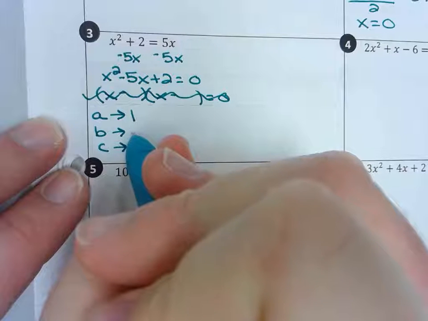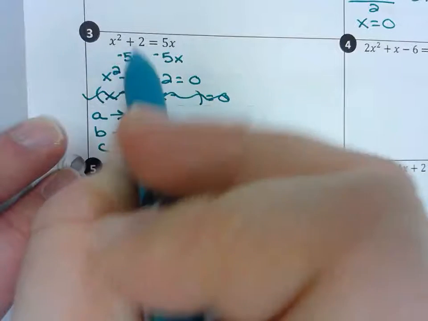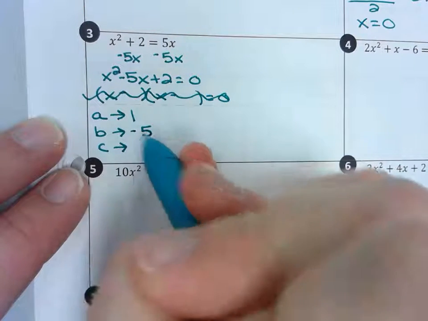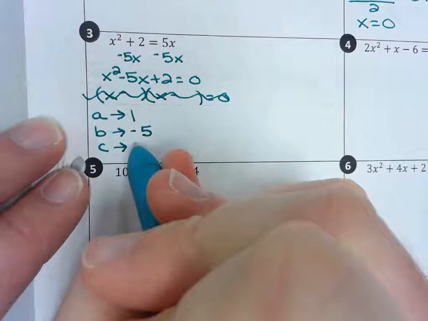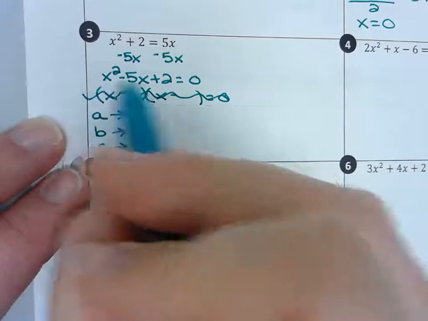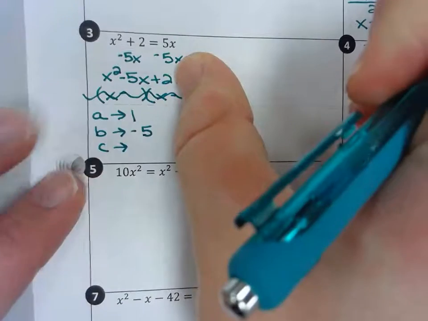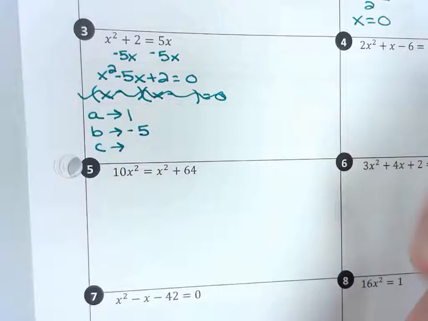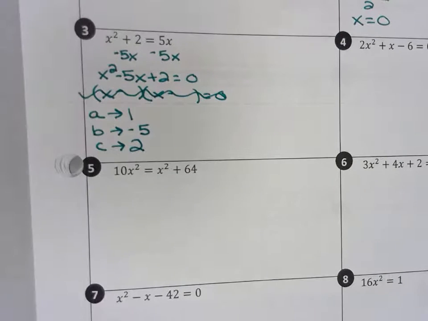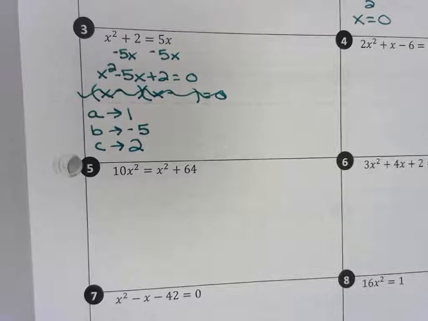B value. So b is in front of x. And my c value is what, Lane? 0. Nope, we ignore the equals 0. The c value is the constant, so it's the 2. So go through and find a, b, and c since we're doing the quadratic formula.